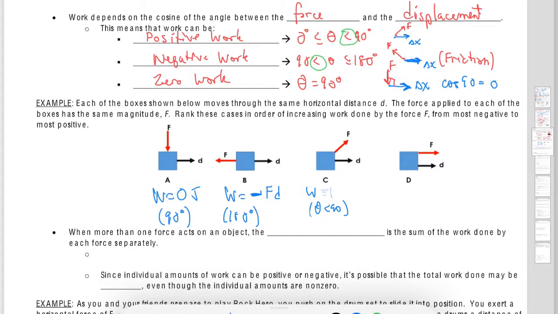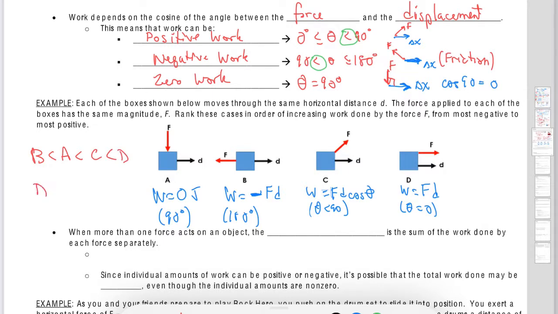This would be Fd cosine theta, which means it's going to be a lesser value. And then if you look at the last one, theta is 0, so this is the full value of Fd. Going from most negative, I would have B is less than A, which is less than C, which is less than D.